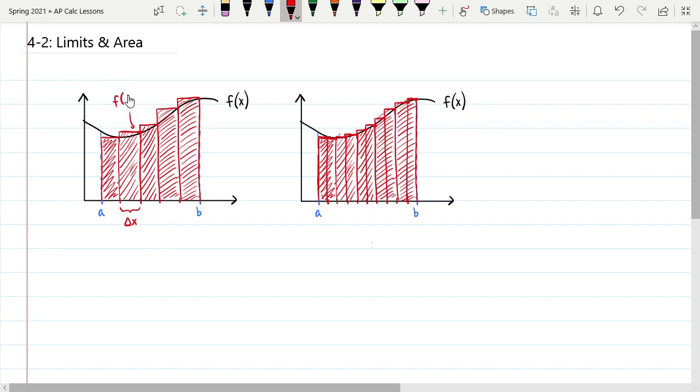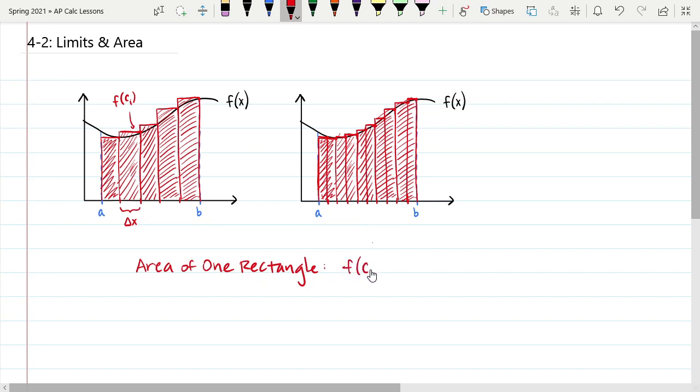And I'm going to call that endpoint c sub i. So if i is 1, then it would be c sub 1. If i is 2, it would be c sub 2. So in other words, it's the first endpoint, the second endpoint, the third endpoint, etc. Okay, so that means the area of one rectangle is going to be base times height.